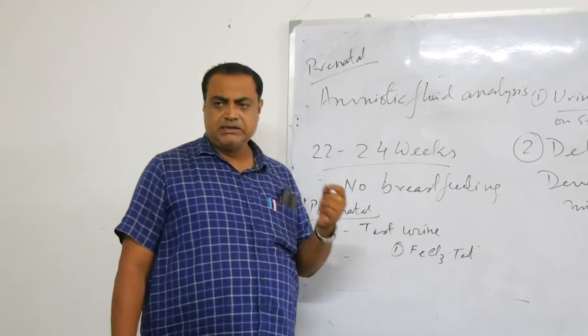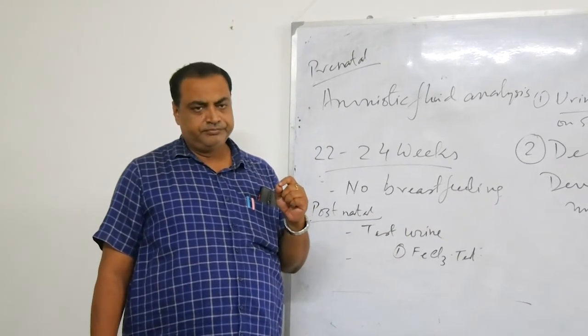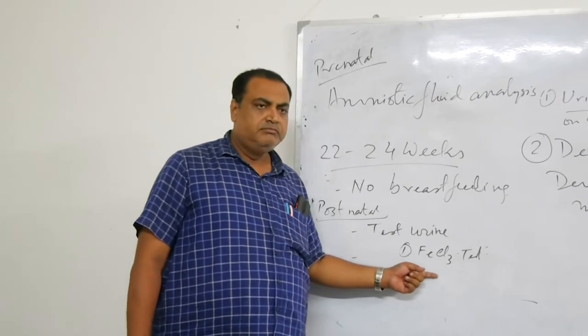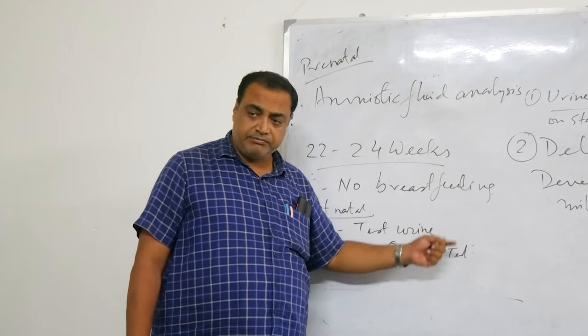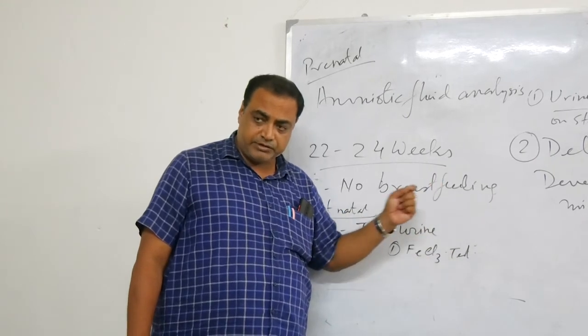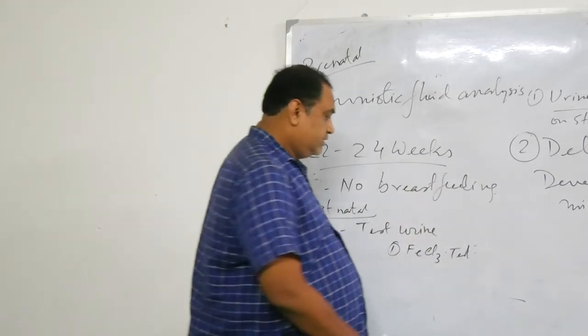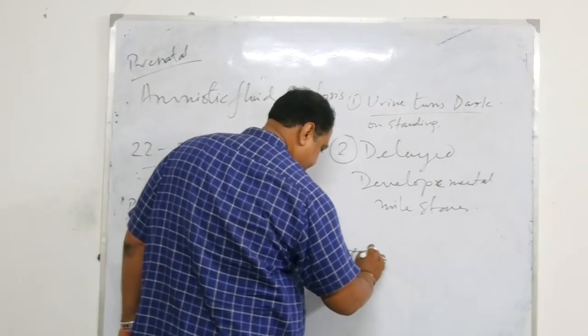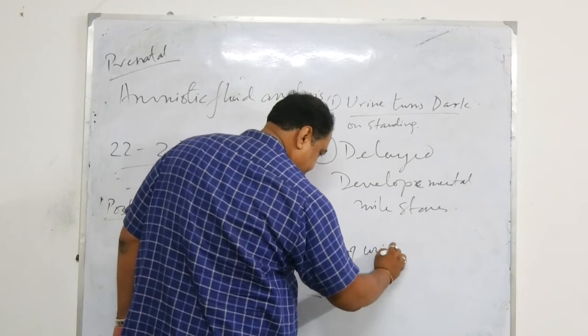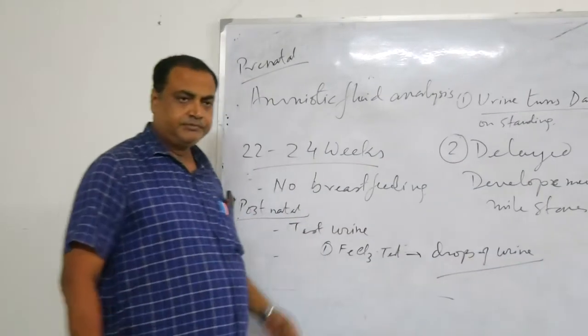By color, it is light yellow, but it is very unstable. So you take a freshly prepared ferric chloride solution, and to that you add drops of urine, drop by drop.